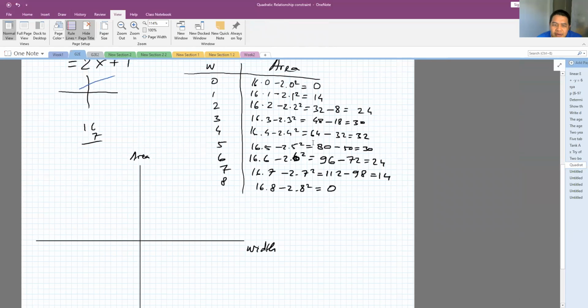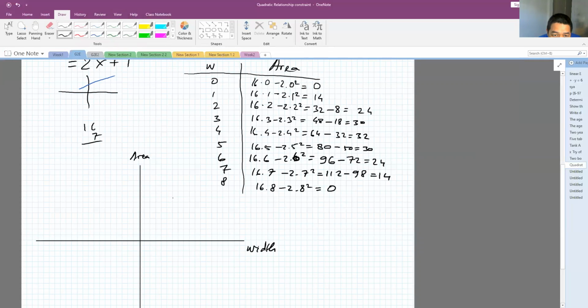Let me see the biggest value that I got here, 32. Okay, so that means I can put like this, 10, 20, 30, and this is the width, 1, 2, 3, 4, 5, 6, 7, 8, and so on.